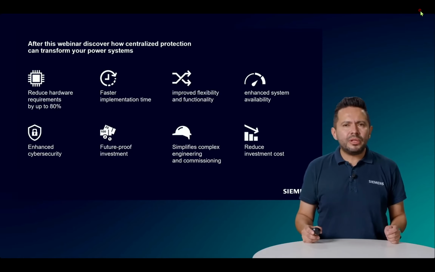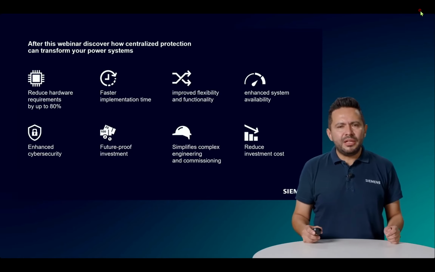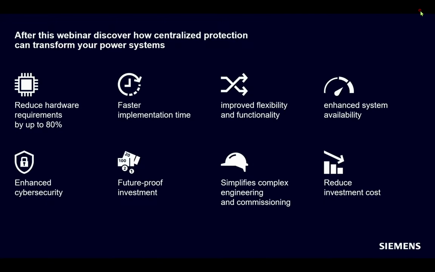After this webinar, you will be able to see the benefits of CPC, like reducing hardware needs by 80%, for example, in breaker and a half applications. Faster projects, reducing project times, like in procurement process, engineering, or tests. Improving flexibility with the universal protection concept. Improve the system availability.